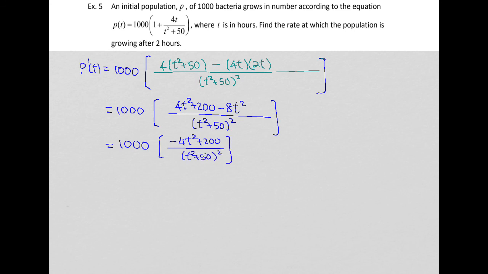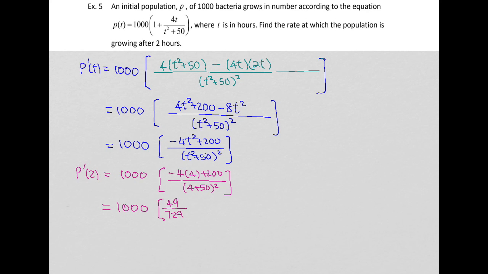And now we are ready to find the rate of change when t equals to 2. So P prime at 2 equals 1,000 times by negative 4 times by 4 plus 200 divided by 4 plus 50 whole thing squared. This equals to 1,000, and if you reduce the fraction, you're going to have 49 over 729.